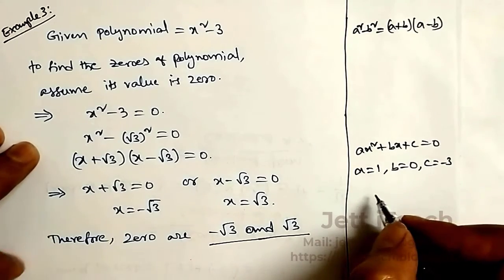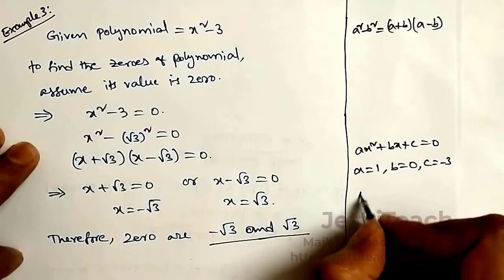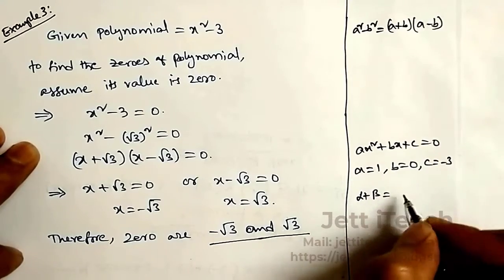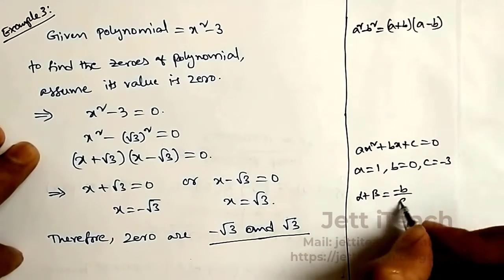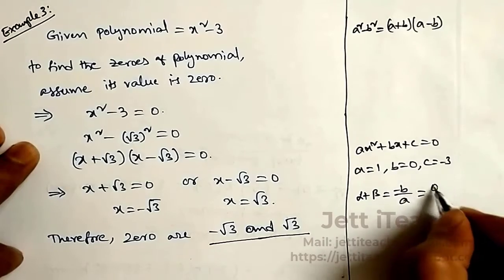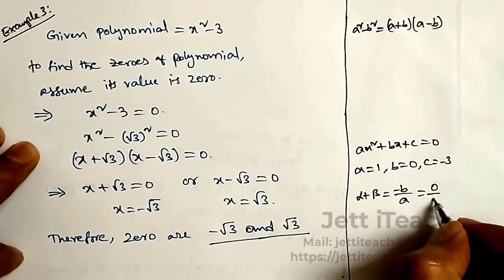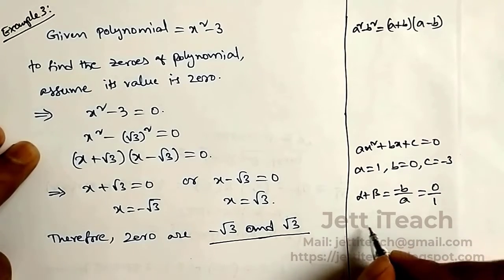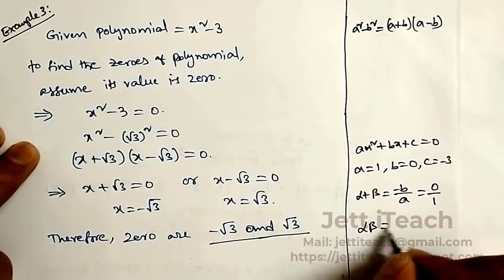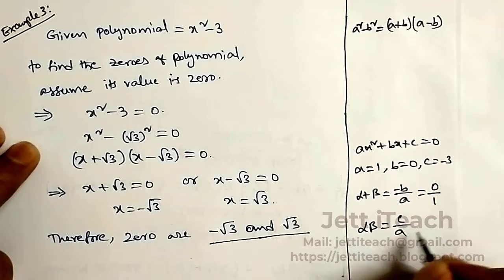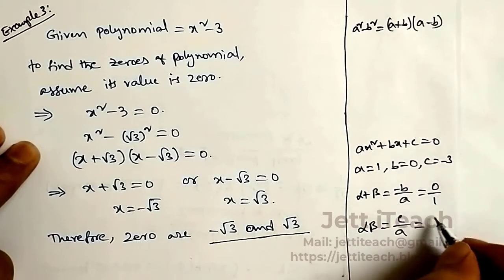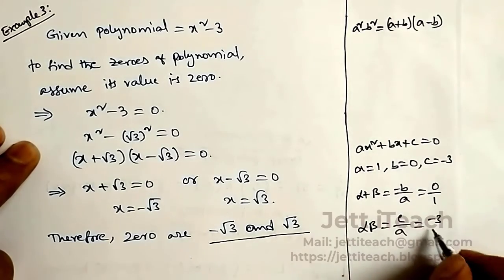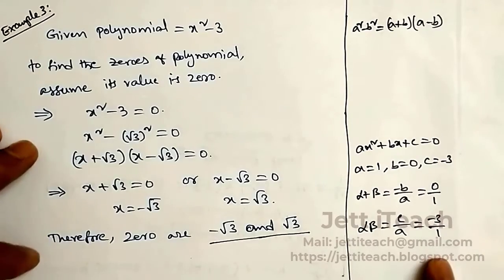Now what's the sum of roots? Alpha plus beta equal to minus b by a. Minus b is 0, a is 1. Now alpha into beta equal to c by a, right? What is c here? Minus 3, a is 1.